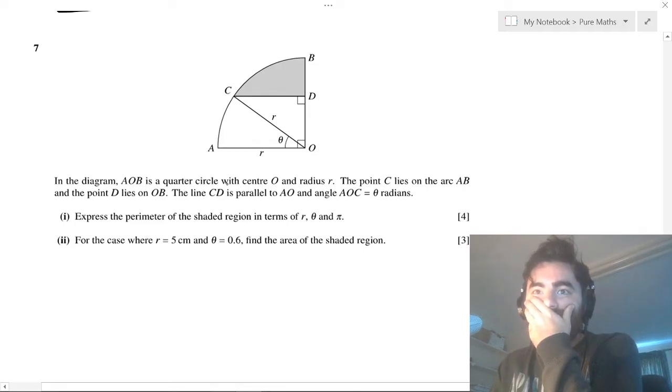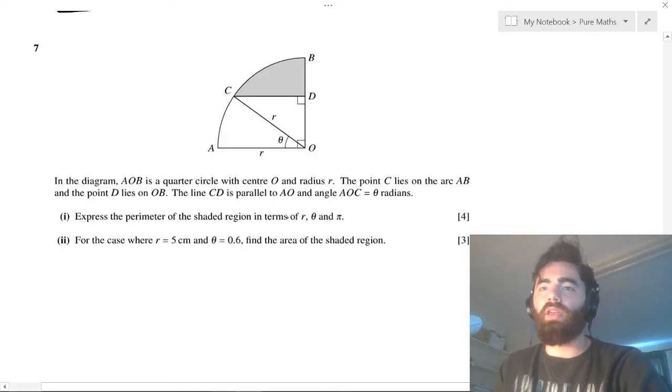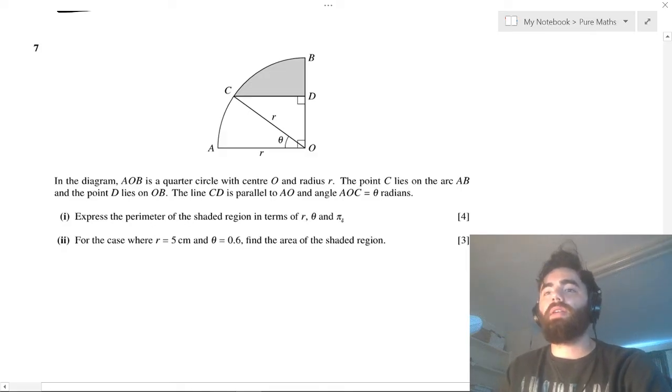AOB is a quarter circle with center O, radius r. Okay. So it says express the perimeter of the shaded region in terms of r, theta, and pi.